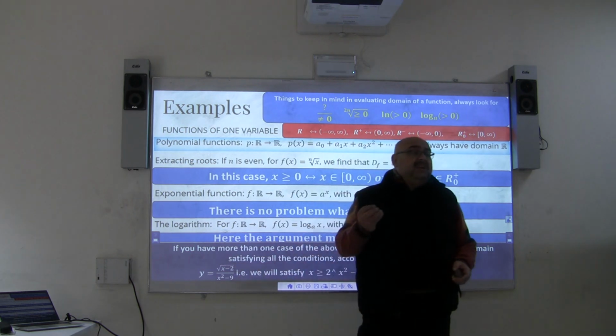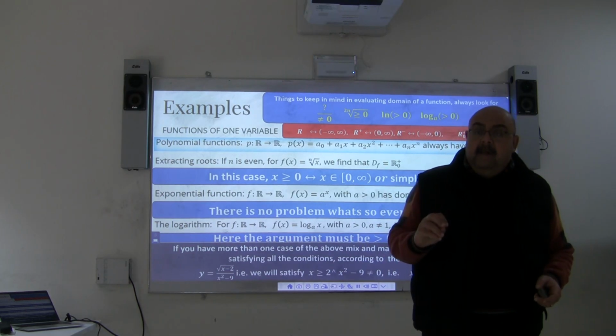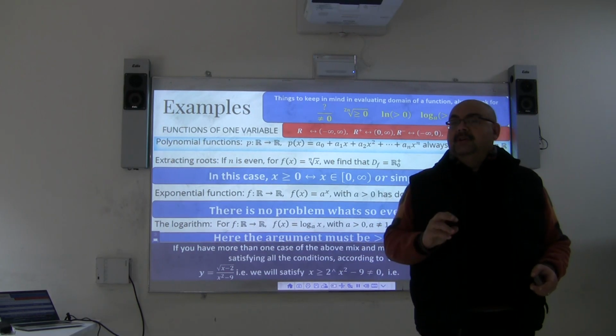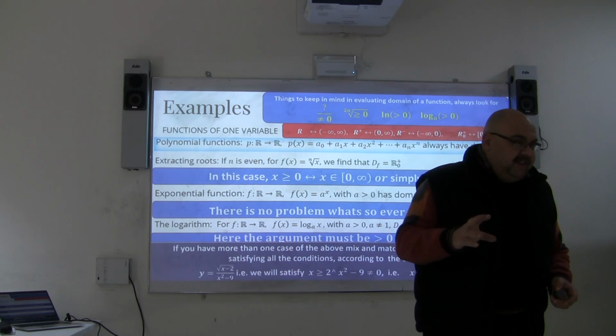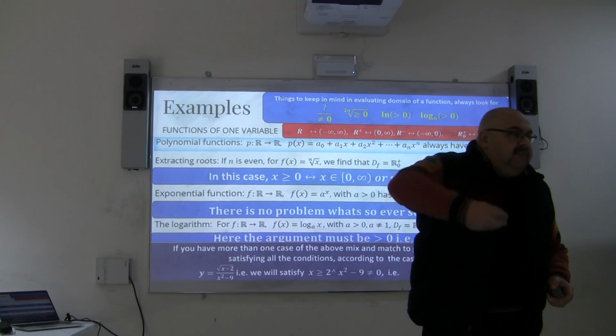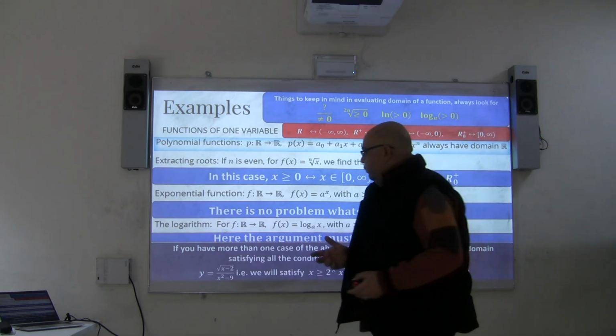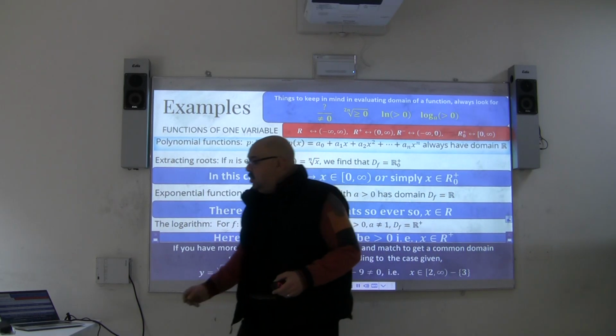I have to find the values of x that make this function defined. If you insert the values of x, you will get defined values in y. And this is really very simple.